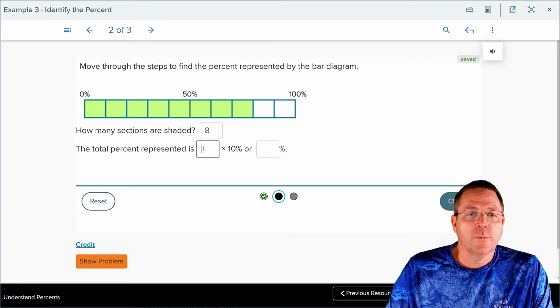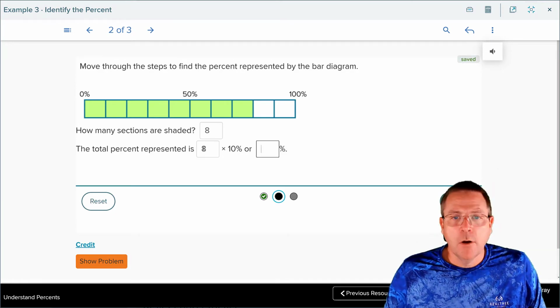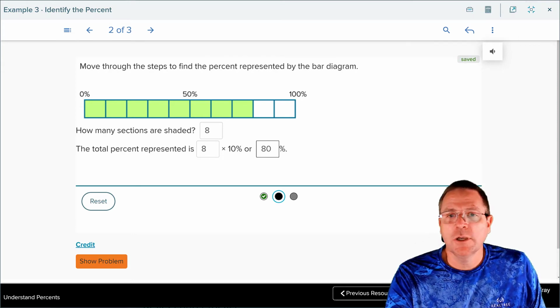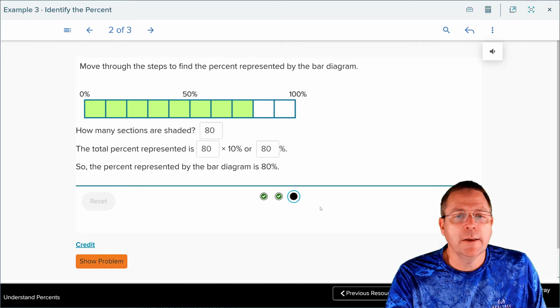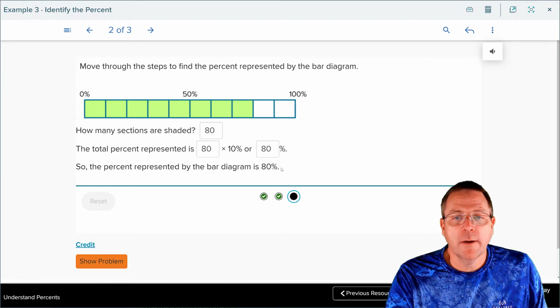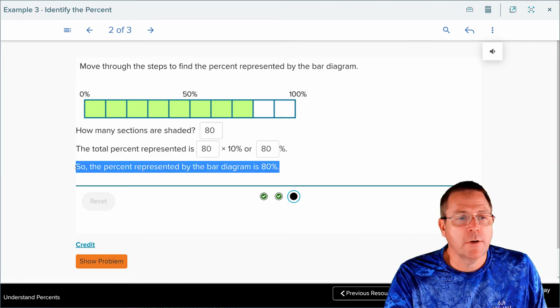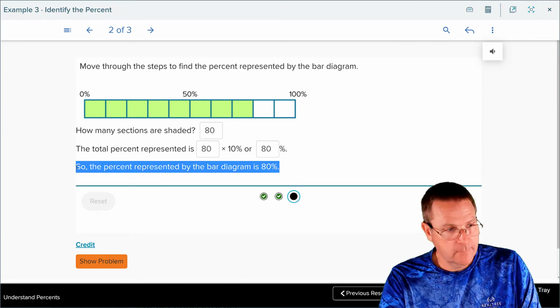What's the total percent? 8 times 10, also known as 80%. Check our answers again. That one checked. And finally, it says that the percent represented by the bar diagram is 80% for our final answer. Pretty easy stuff, isn't it?